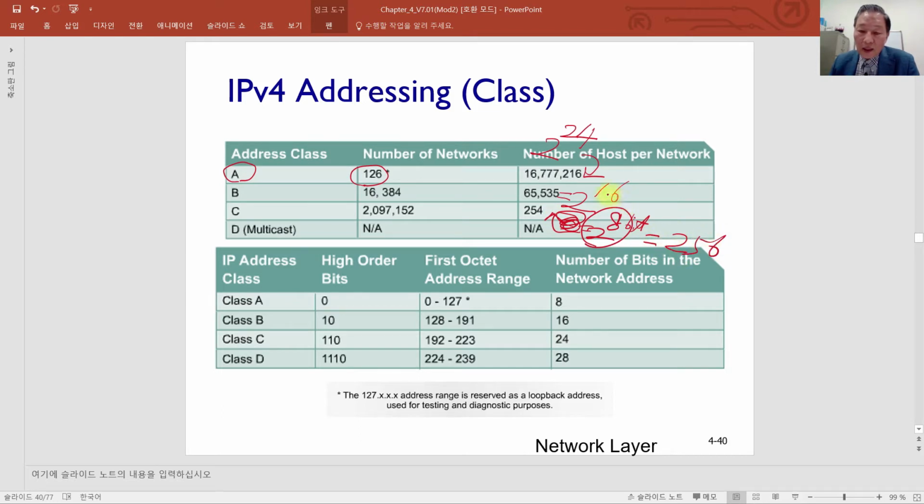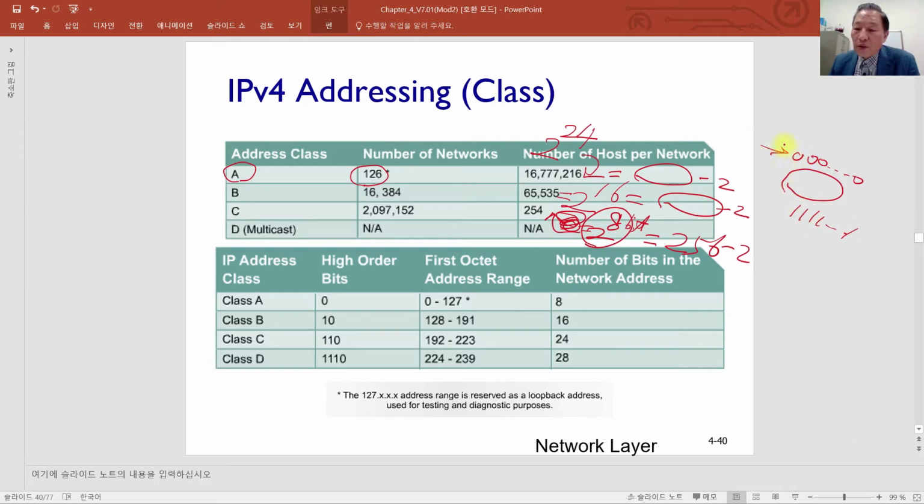The other numbers are so huge that we couldn't differentiate them. But actually that is minus 2, and this one is also minus 2. Why are we subtracting 2? We can understand in the following slide. It is to eliminate all 0s and all 1s.